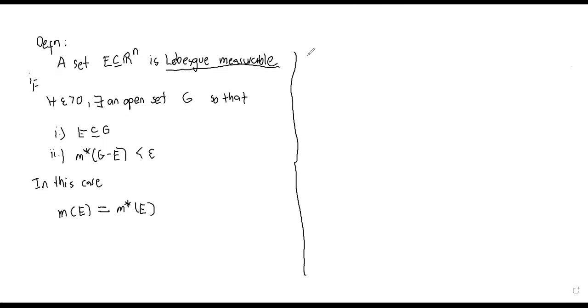Okay, so for our example, let's show that E equals, let's say, let's have the singleton. Okay, so E is the set containing 3. So let's prove that this is Lebesgue measurable.